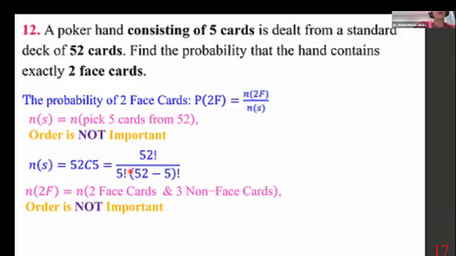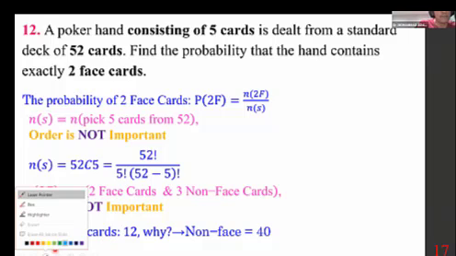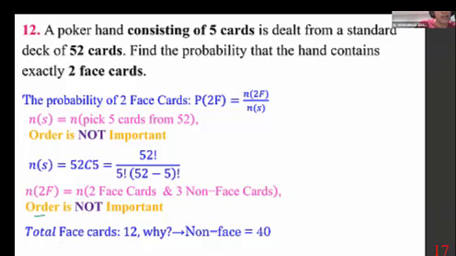How many face cards do we have? We have 3 face cards per suit. There are 4 of them. We have 12 face cards. And therefore, non-face cards are 40. I want to make sure everybody understands. This one is Jack, Queen, and King.